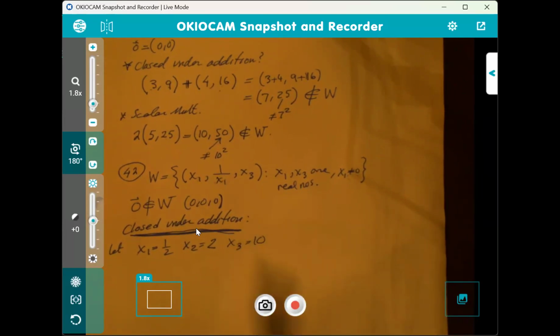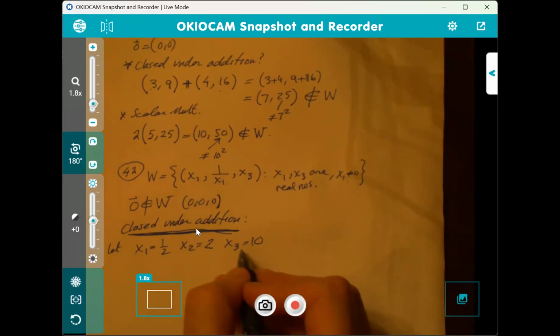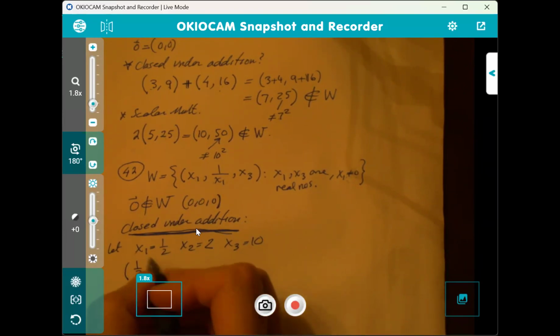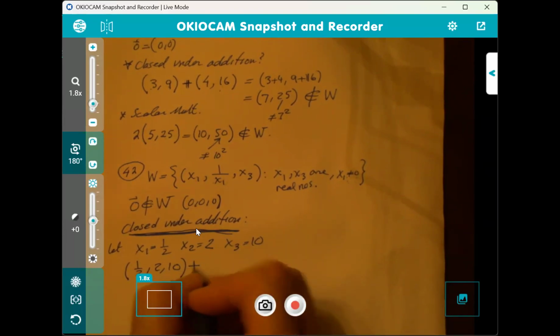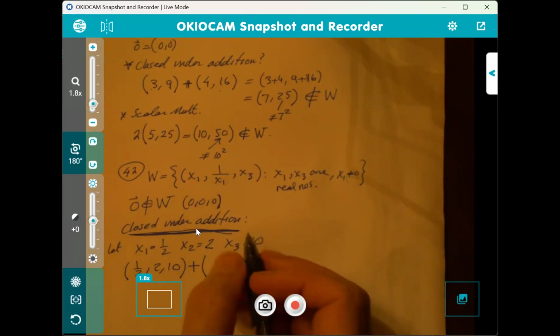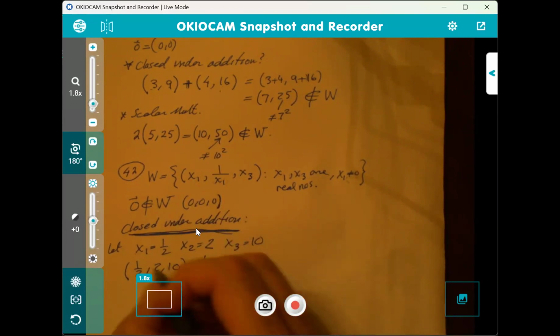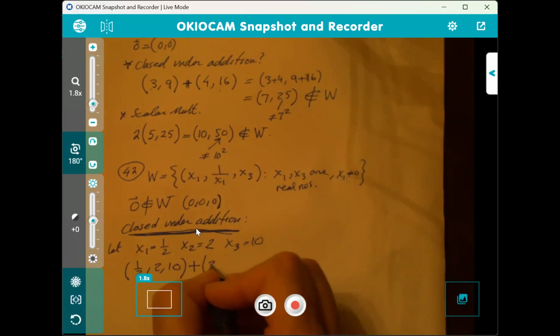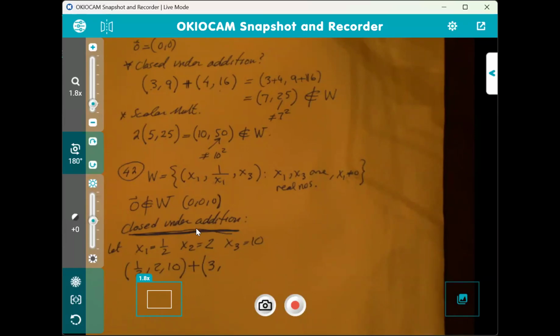It just says x3 is a real number. So one vector is (1/2, 2, 10). For a second vector, let x1 be whatever you want, as long as it's not 0. How about 3? That would work.